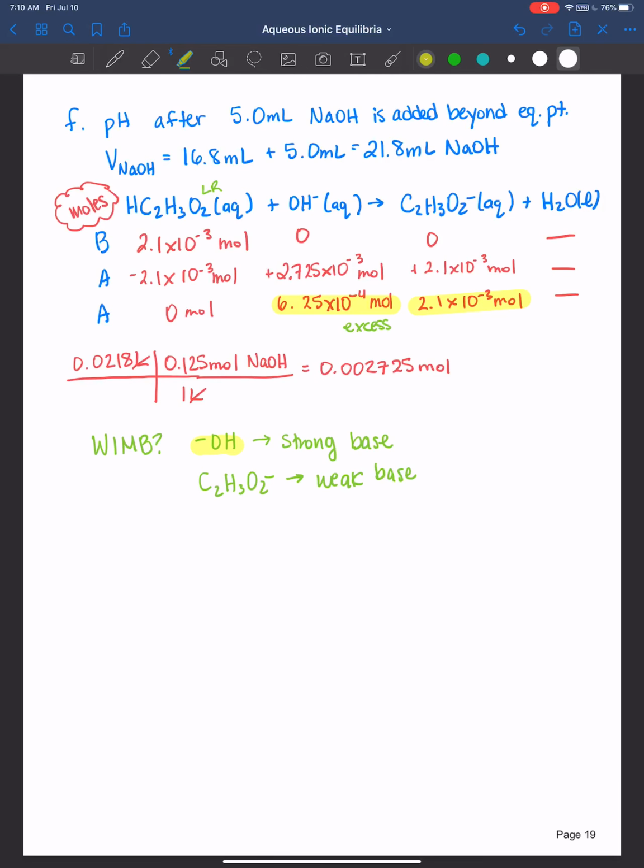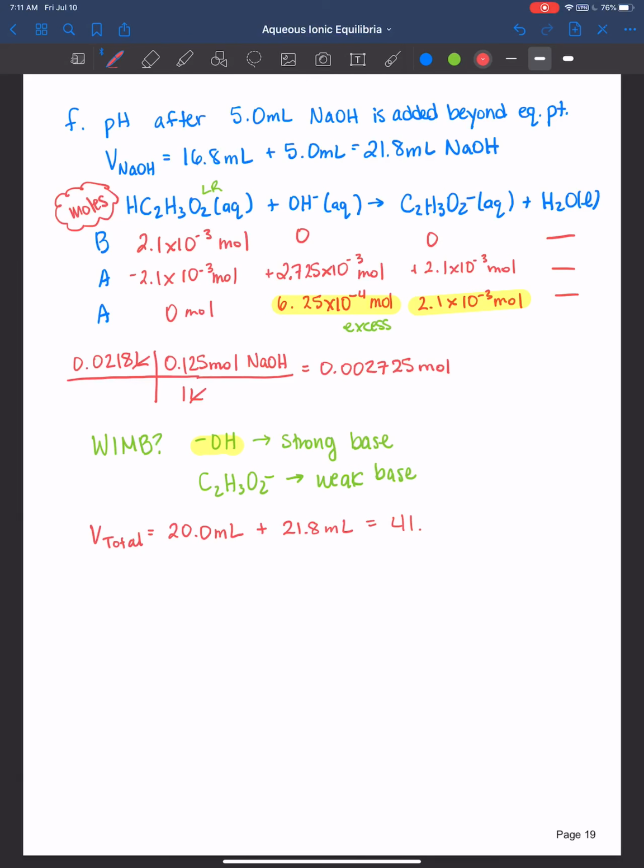But first things first, we need to figure out our concentration. And so we need to figure out what our total volume is. So we have volume total is equal to the 20 milliliters of acetic acid that we had originally, plus we added 21.8 milliliters of the sodium hydroxide.